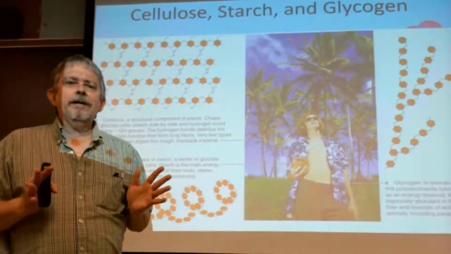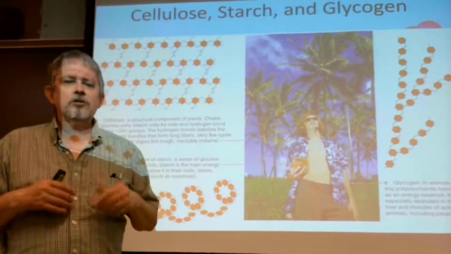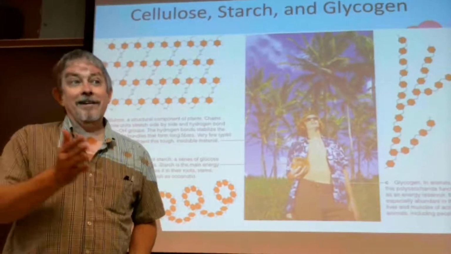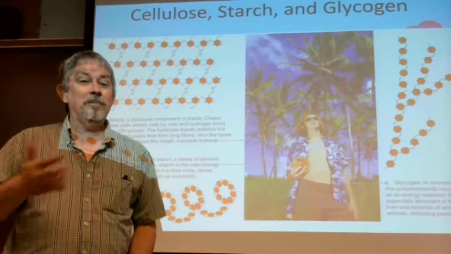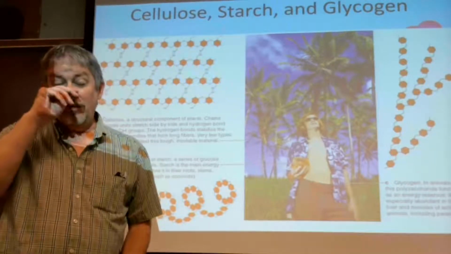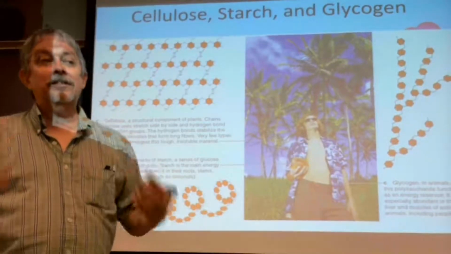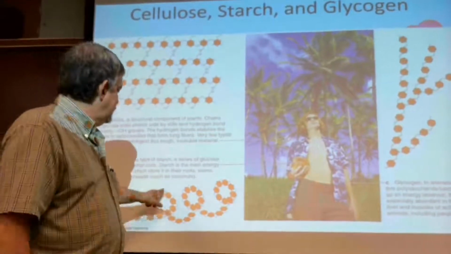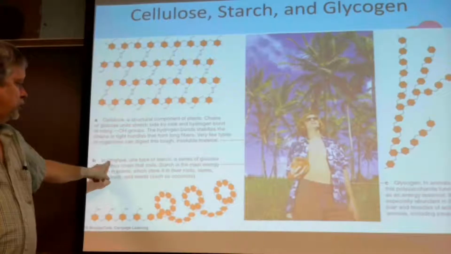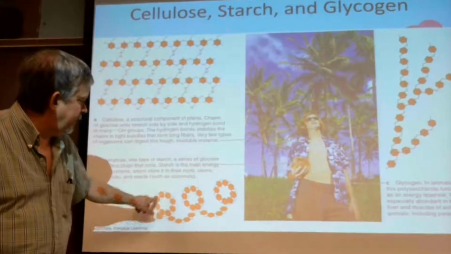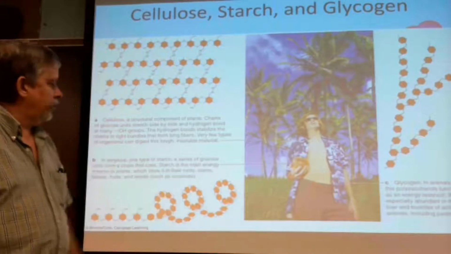So what happens when he makes too much? Well, he can start to put those together, and that'll be for energy. Like if tomorrow's going to be a rainy, stormy day, there's not hardly any sun, the plant's not going to be able to make it. Or in the middle of the night, if the plant needs energy, which it does constantly, it can take these glucose molecules. This is starch here. And so plants put the glucose molecules together and it forms these coils.